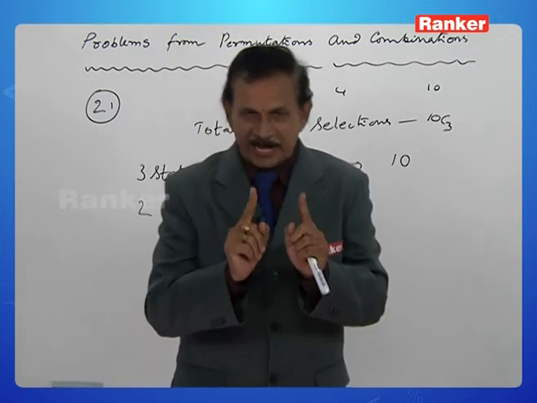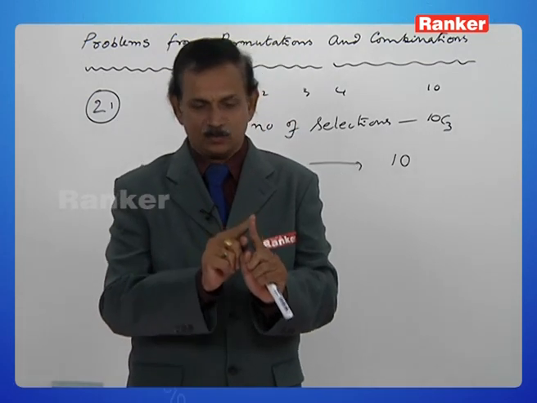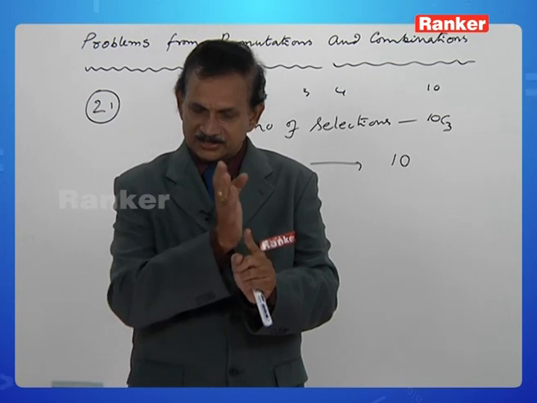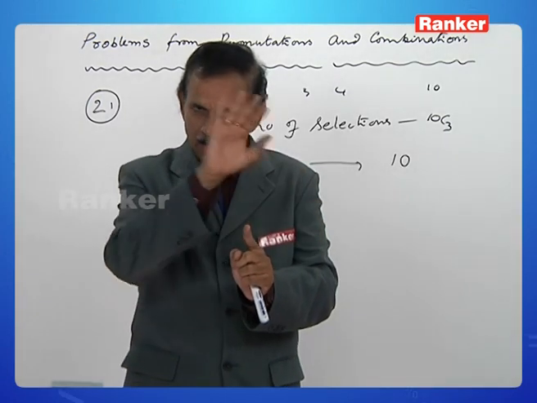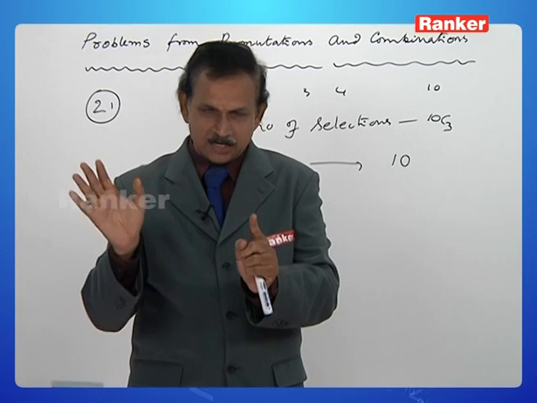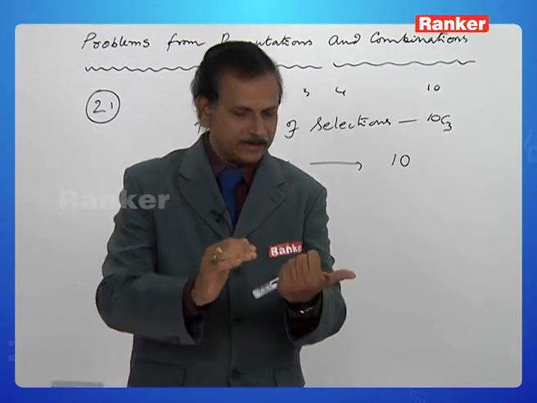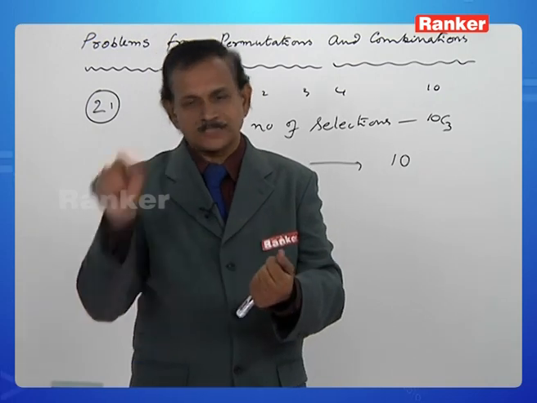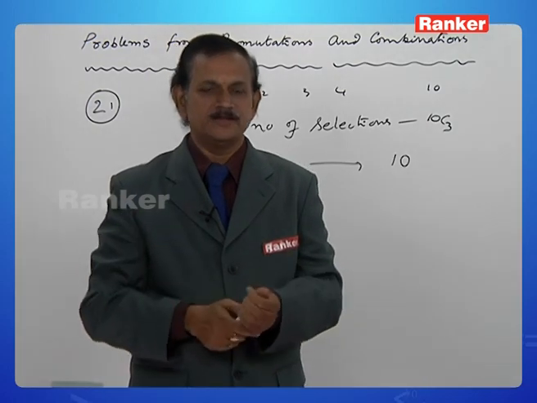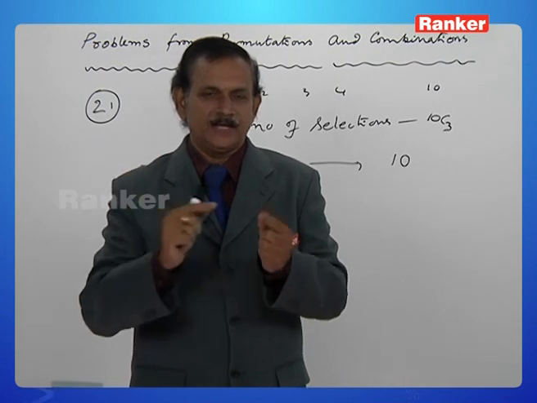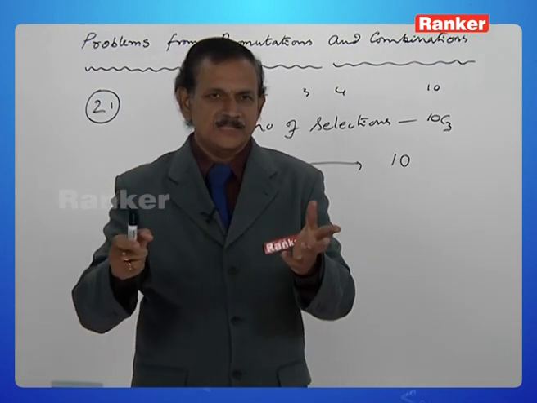Therefore, with 1 consecutive pair, that is 1, 2, you must leave 3, you must leave 10. Out of those 10, we are leaving 4, that is the pair 1, 2 and 10, 3. So the remaining 6 only you have to choose. That is 1, 2, 4; 1, 2, 5; 1, 2, 6; like that.